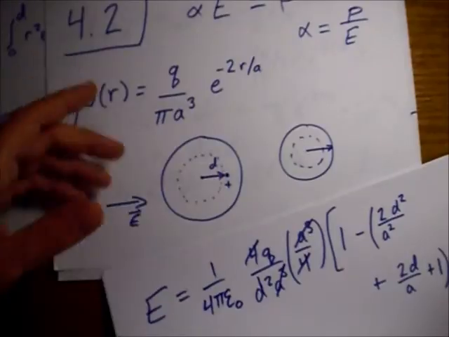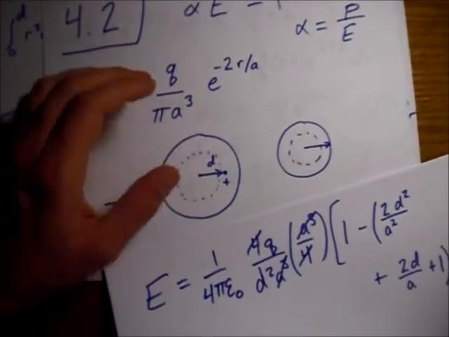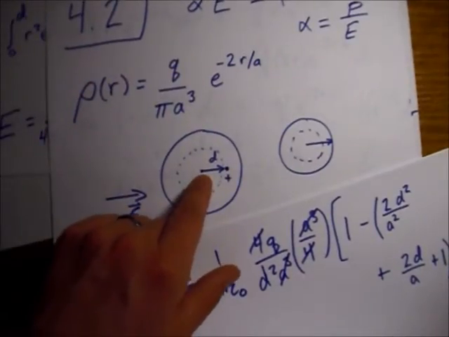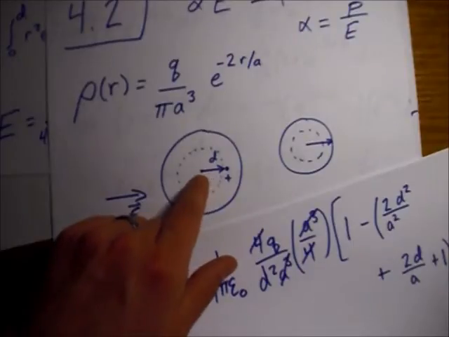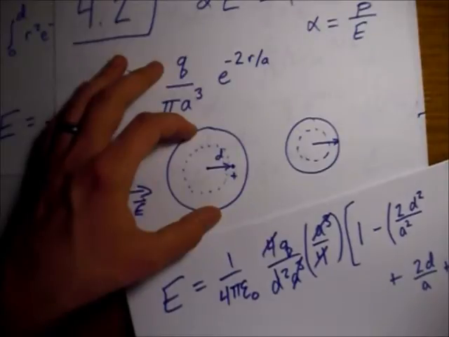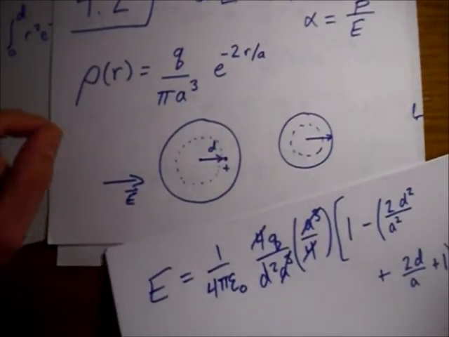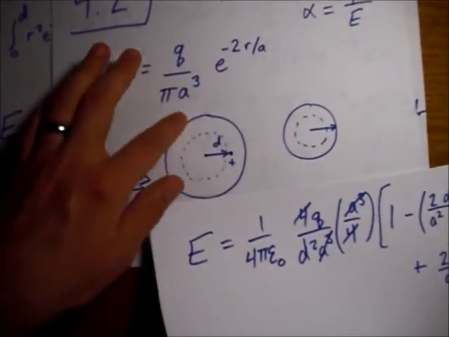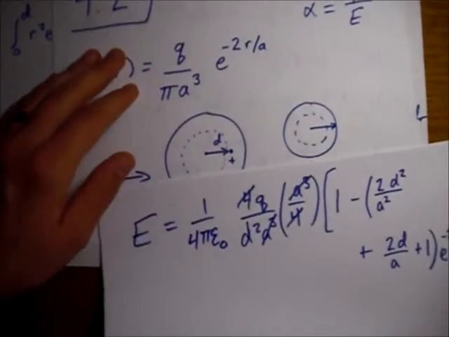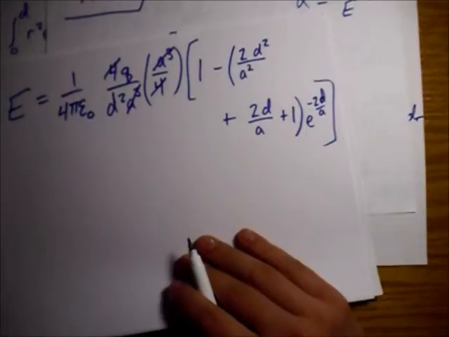The atom's all fuzzy, but if it has a radius, it's the Bohr radius, right? So the positive charge relative to the negative cloud is getting shifted, but only by a very, very tiny amount relative to the size of this cloud. So that's why we're going to do this expansion. d over a is very small.